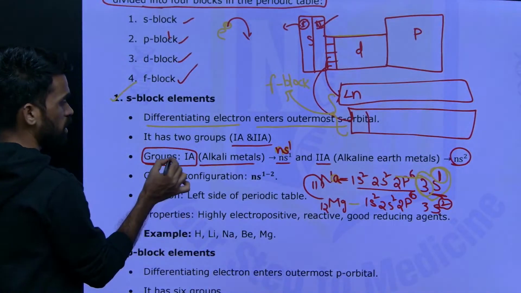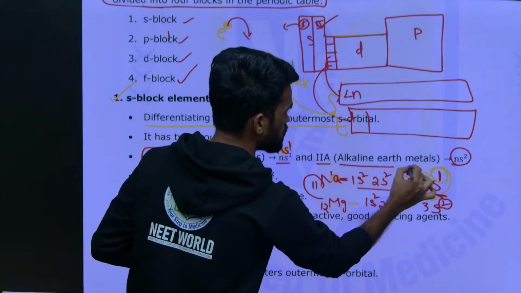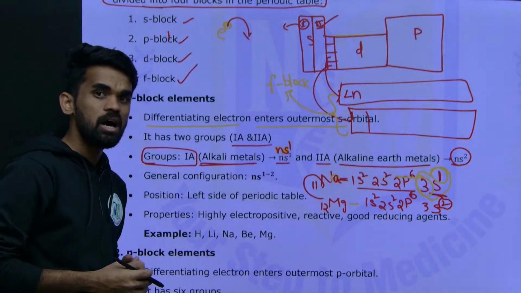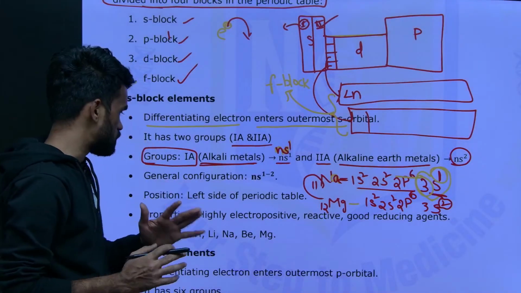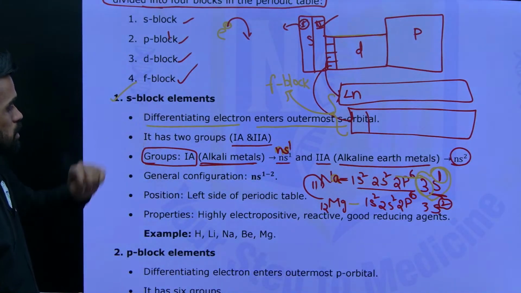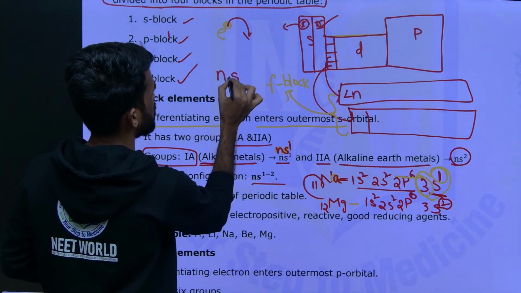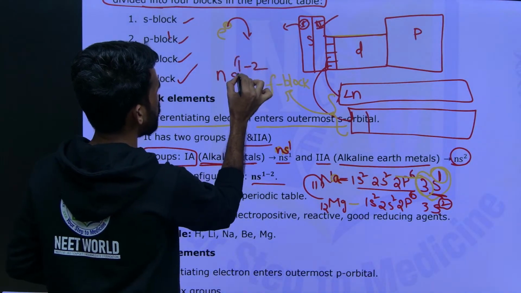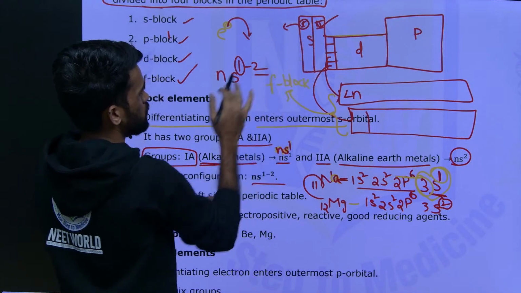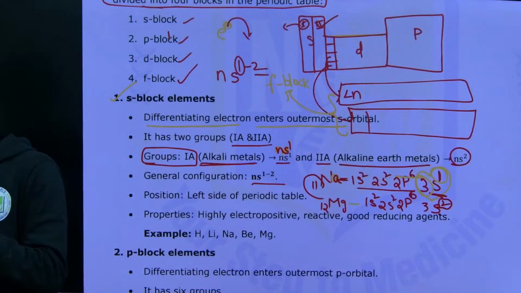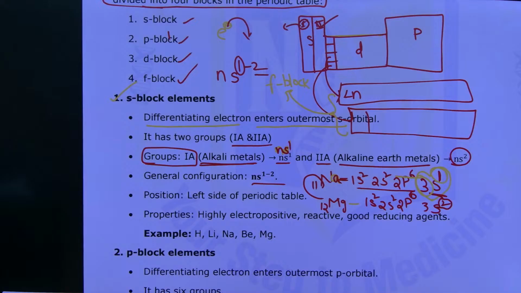For 1A group we call them alkali metals, and 2A group elements are called alkaline earth metals. So for the complete s block elements, the general electronic configuration is ns1 or ns2. If it is 1, first group elements; if it is 2, second group elements. This is the first block, that is s block elements. This is clear now?